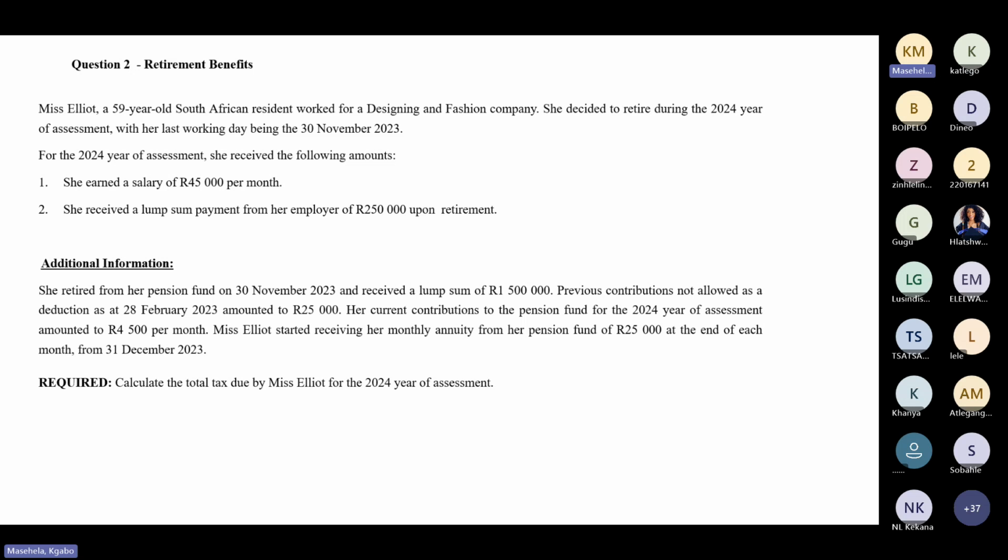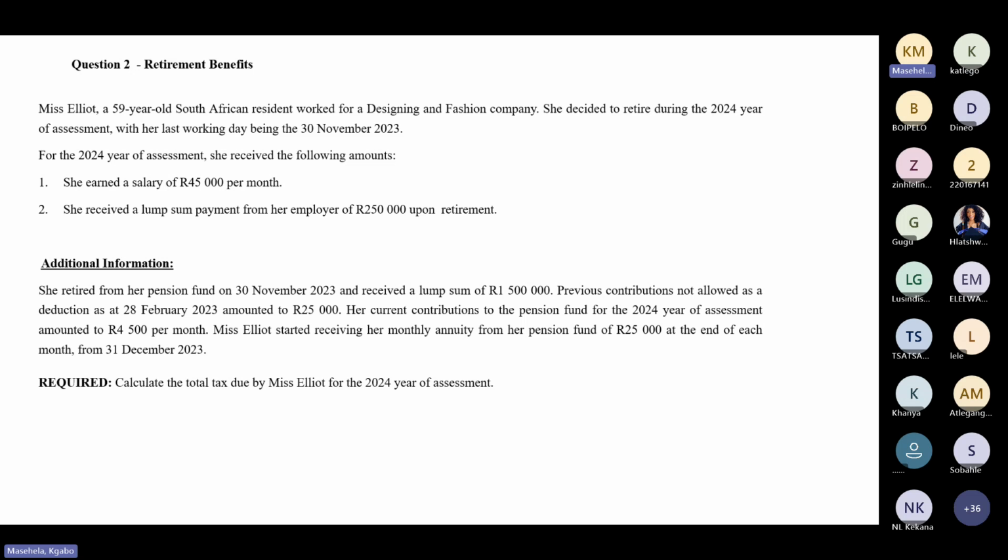Ms. Elliot started receiving a monthly annuity from the pension fund of 25,000 at the end of each month from the 31st of December. Look at this, the annuity from the 31st. It means it's January, February, to the end of the financial year end.